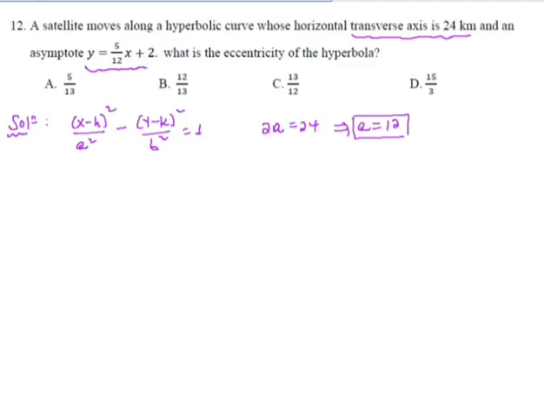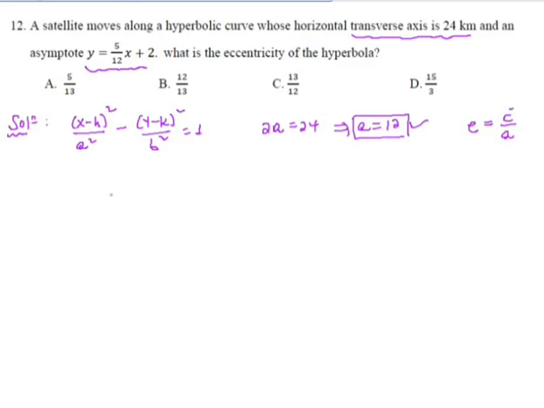We have a. To determine the eccentricity, eccentricity is defined as c over a, where c is the distance from the center to the focus, and a is the semi-transverse axis. So we already have a. We need to determine c.